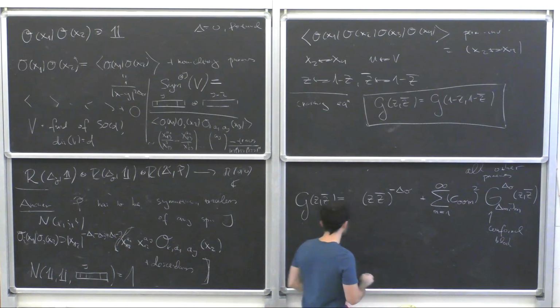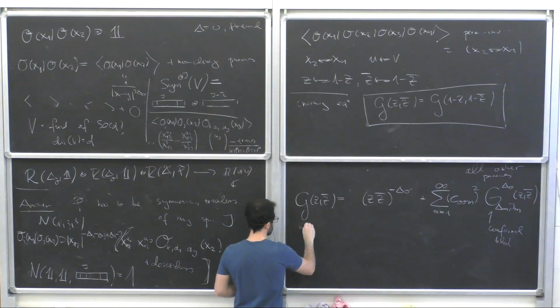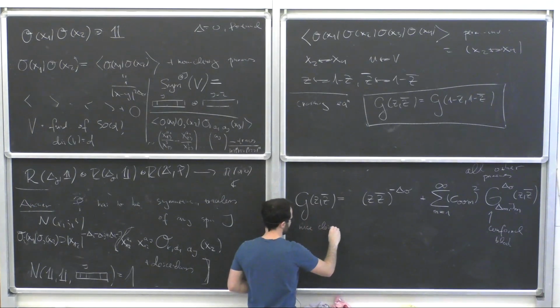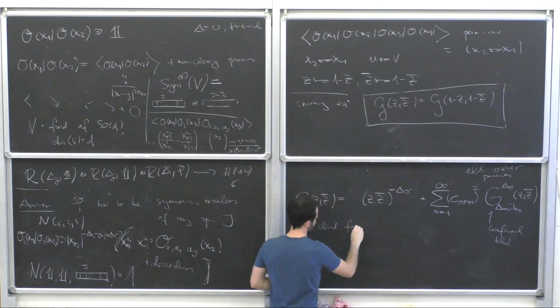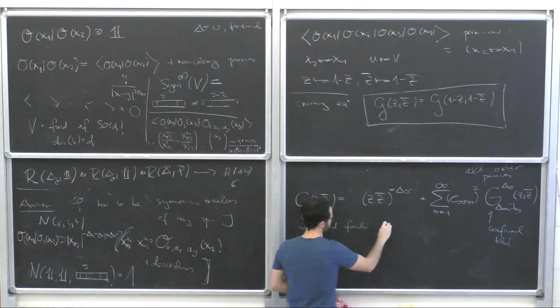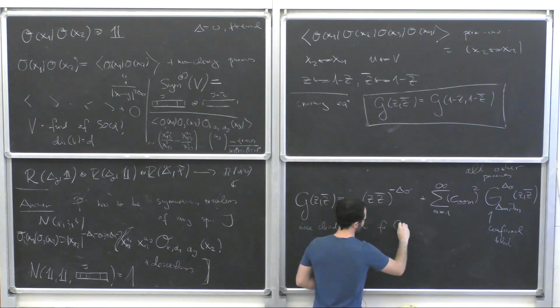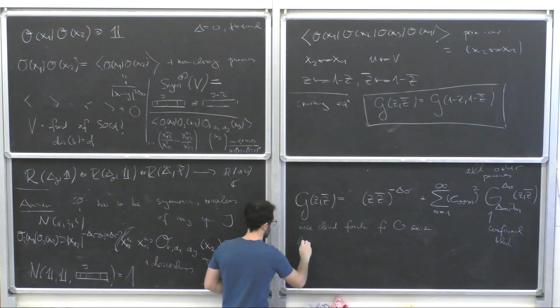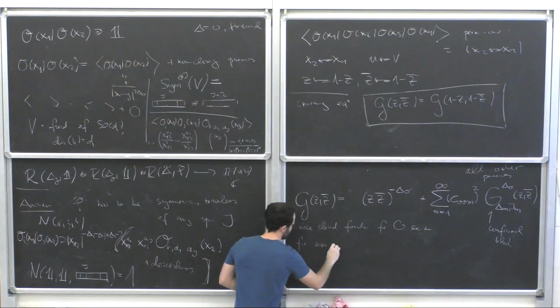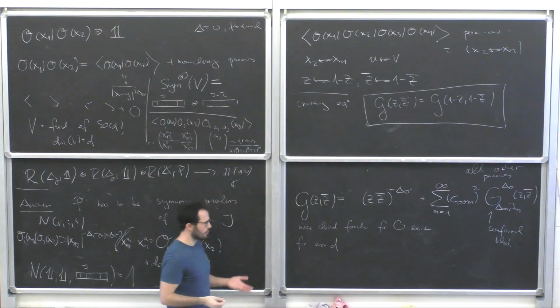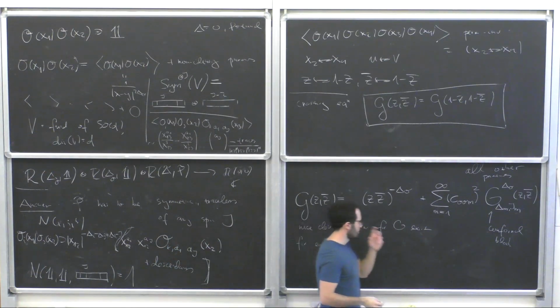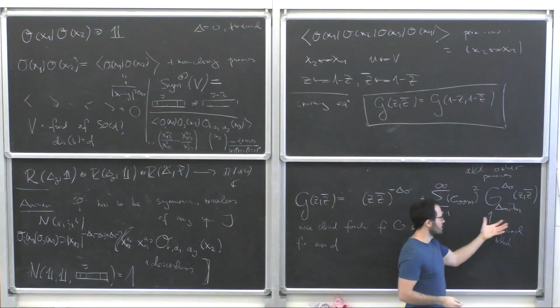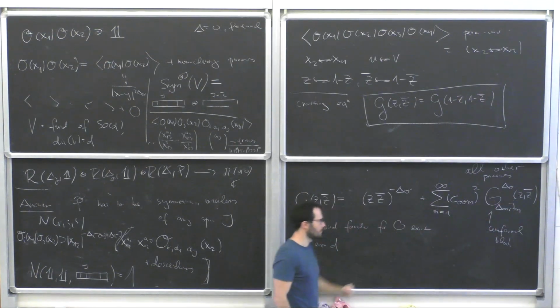There are nice closed formulas for G in even dimensions. But this doesn't really stop people from doing the bootstrap in odd dimensions, because you can still write various power series expansions of these conformal blocks, which work very well.